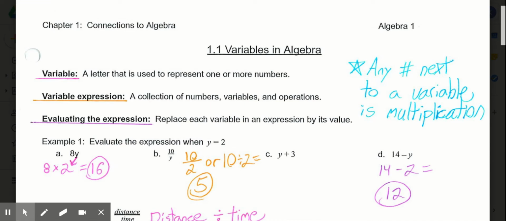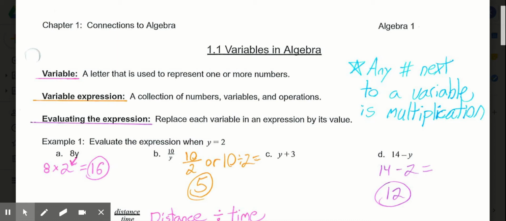10 over y. Anytime we have a fraction, and this is true for all fractions, simply what a fraction means is top divided by bottom. So if we have 10 over y, that means it's 10 divided by y.